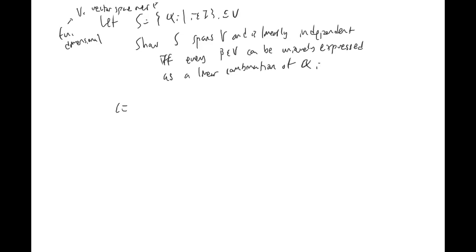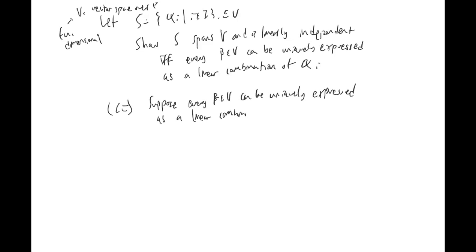Suppose every beta in V can be uniquely expressed as a linear combination of alpha_i. So forget the uniquely.